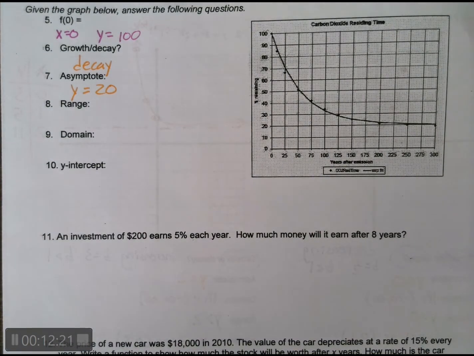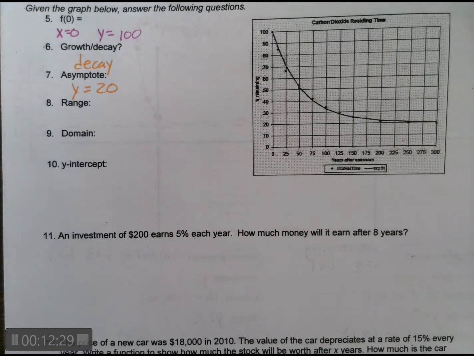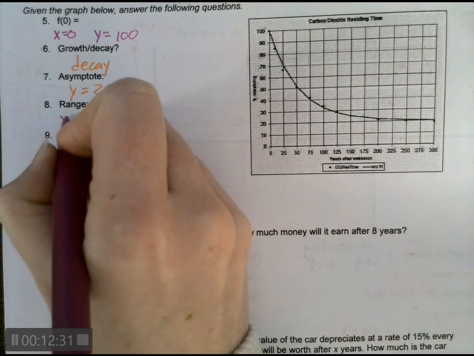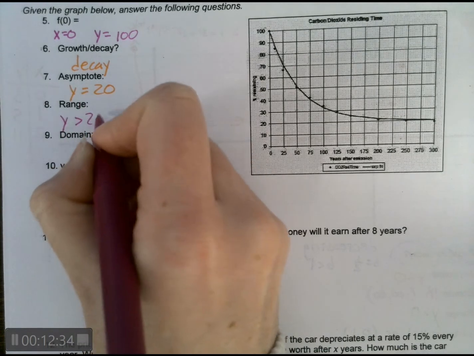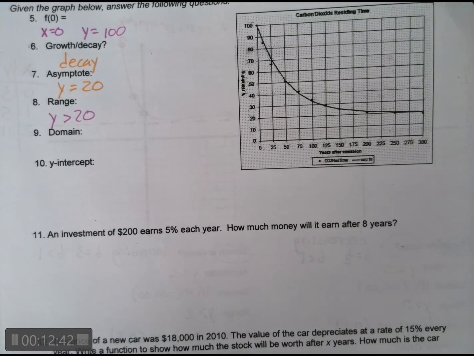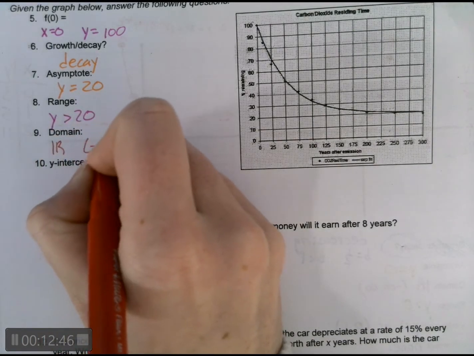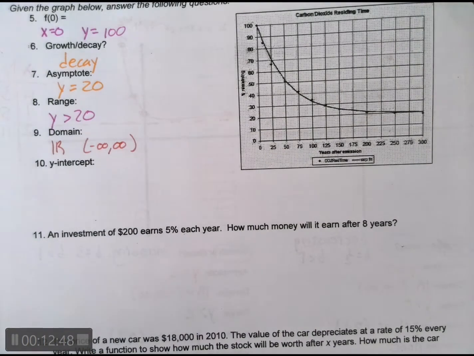Then let's take a look at our range. Hopefully you said that your range is y is greater than 20. And everybody knows our domain: it is all real numbers, or you could have said negative infinity to positive infinity.